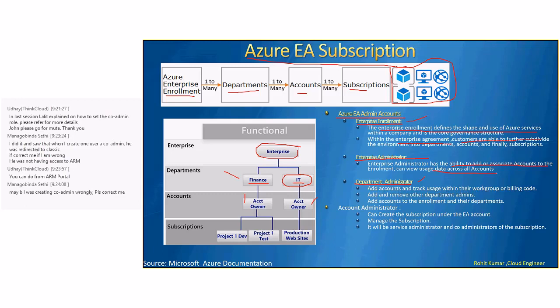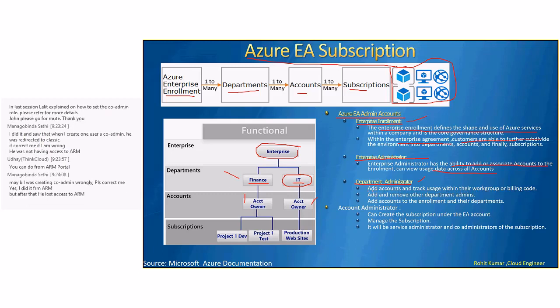Basically, it's used to manage your complete subscription billing, which will help you manage your financial billing, pay them and understand your services usage, which I will be showing you in a couple more minutes.